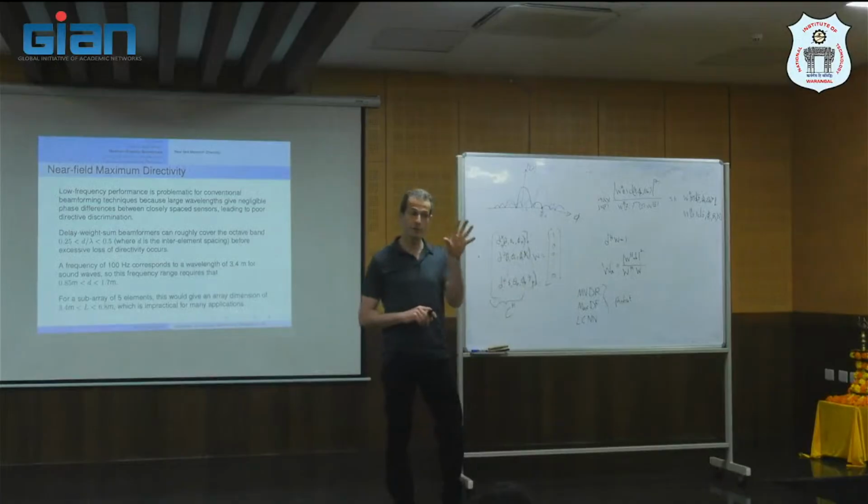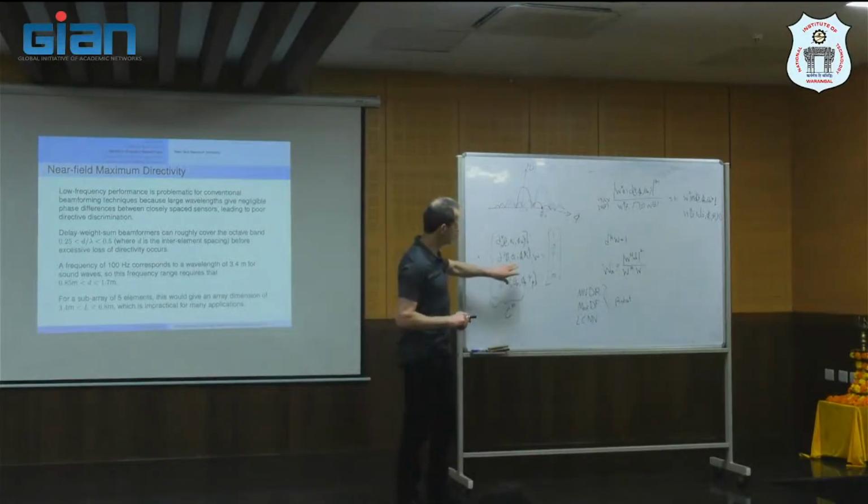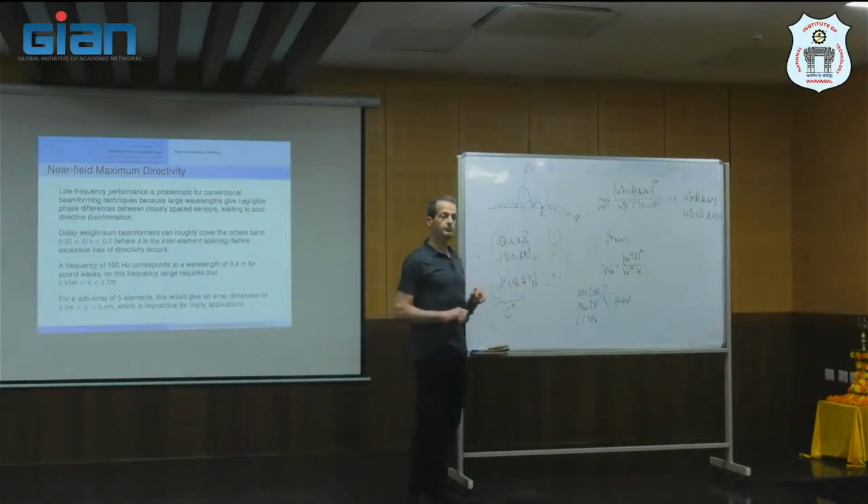one of the ways is to put a constraint not at a certain point in space, but on a region around it. Okay? So this is called region of interest beamforming.